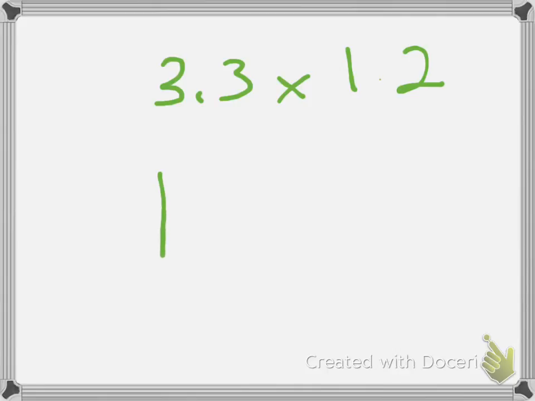Here's another example using decimals. So boys and girls, here's the problem. I'm going to do 3 and 3/10 once again. I'm just stuck on that number for some reason. And I'll do 1 and 2/10. First thing I'm going to do is draw my box, draw another line and another line, and then separate the two.